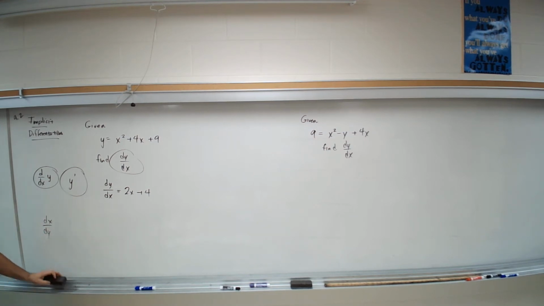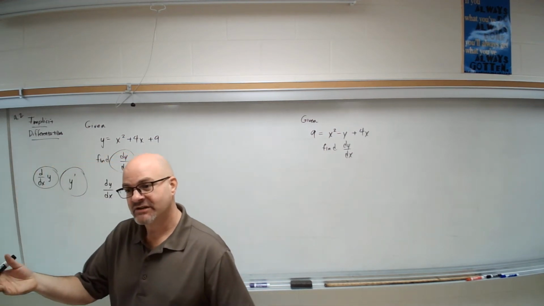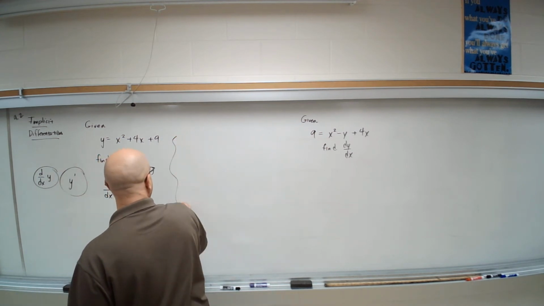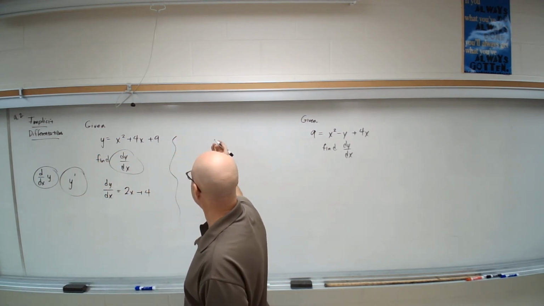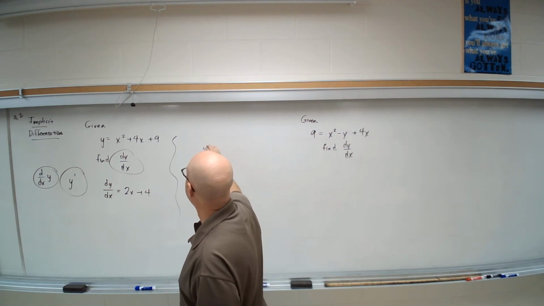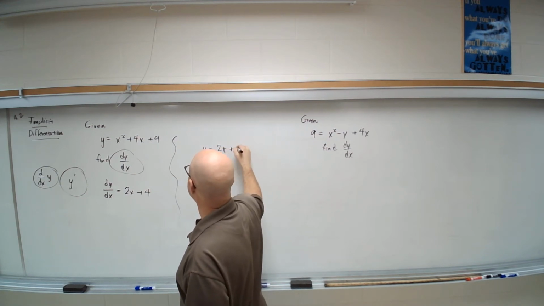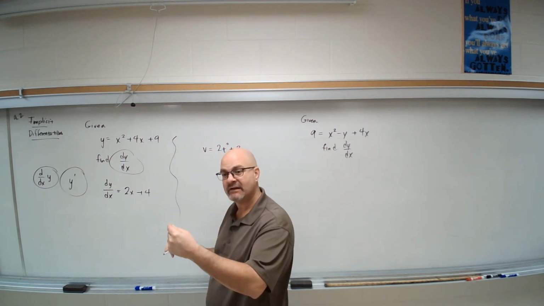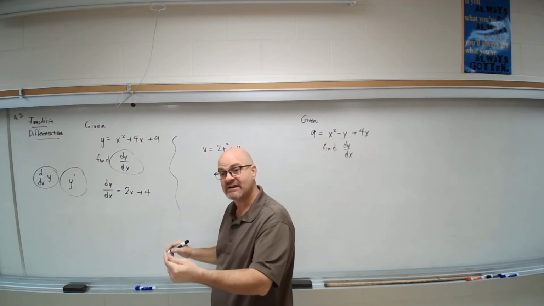A better way to look at it is if we think back to our velocity, acceleration, position. A lot of times we would have, say, velocity equals 2t squared plus 3, right? But we want to take the derivative of velocity as acceleration, correct?